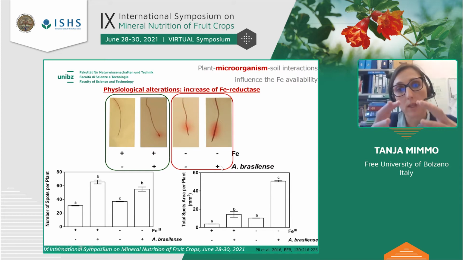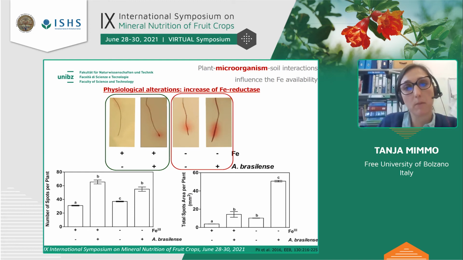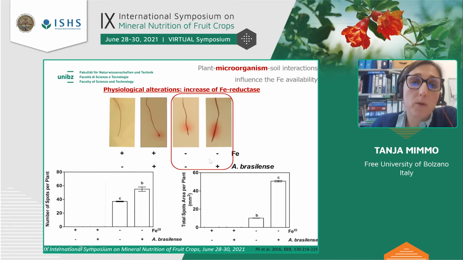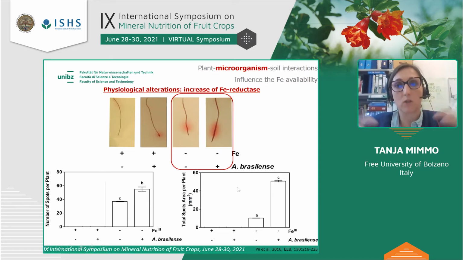You also see that the area, the intensity of this activity, is much greater. Here you see only one rootlet, but we analyzed the whole root system. What we found was an increased iron reductase activity, both in terms of number of spots per plant and in total spots area per plant, so also the intensity, the ability of the plant to reduce iron.